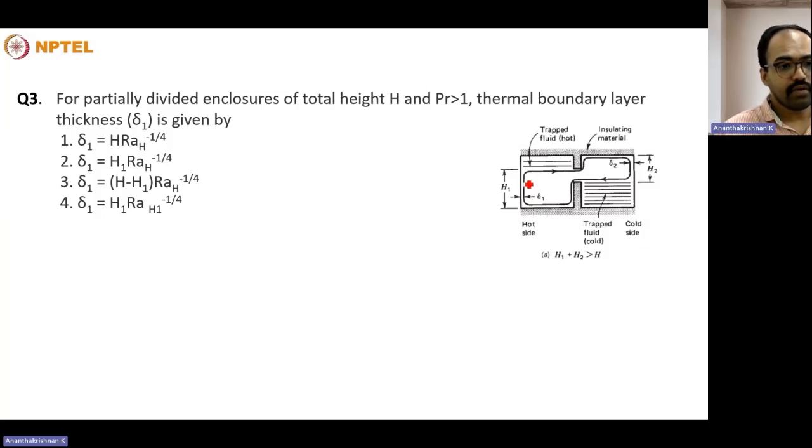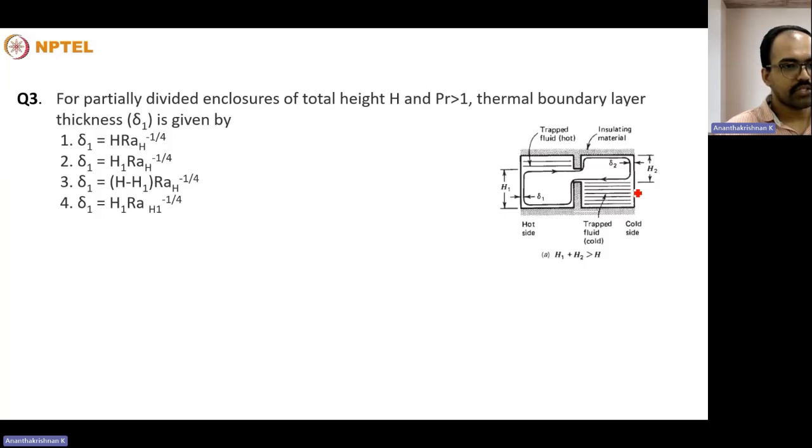So here δ1 will be this dimension of the boundary layer, and δ2 will be this dimension of the boundary layer for this side. h1 will be the vertical dimension scale for this boundary layer, because you could see the boundary layer goes into the other domain at this particular point. So from the horizontal section to the top section, the height is h1, and similarly for the second wall, this section remains stationary.